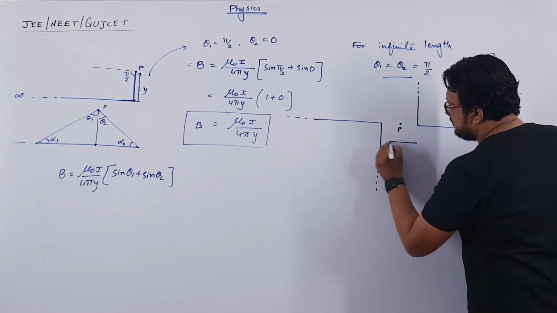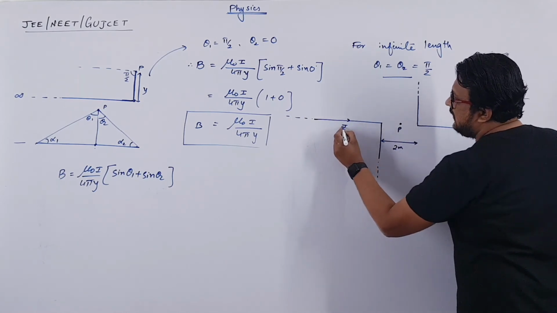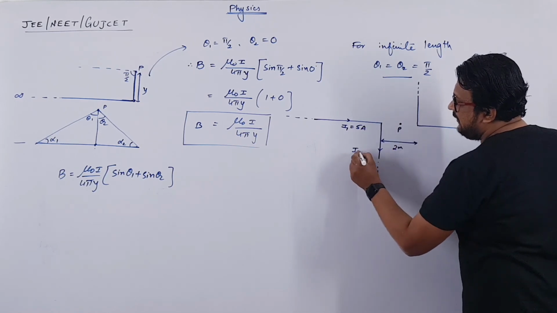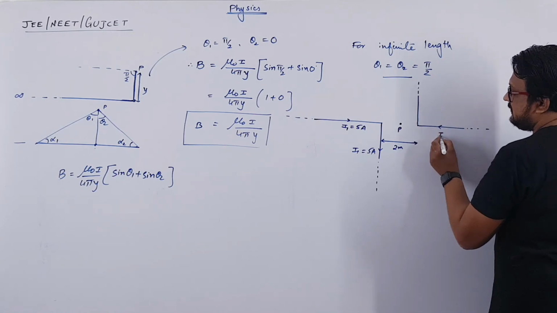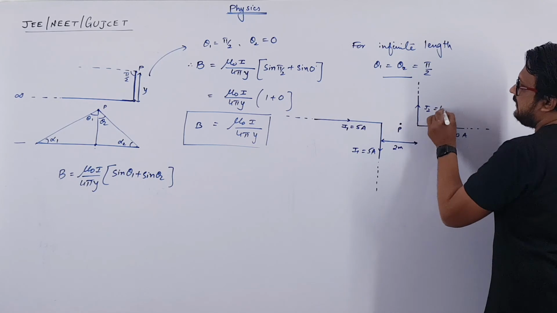This total distance was, I think, 2 meter. This wire was carrying current I1 equal to 5 ampere, so here also I1 will be equal to 5 ampere. In this case, let us say this is I2, which is 10 ampere, so here also I2 is 10 ampere.